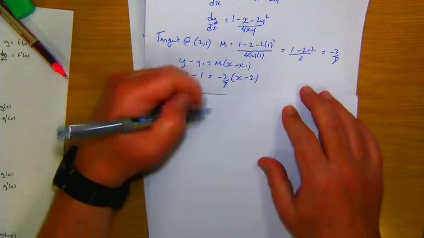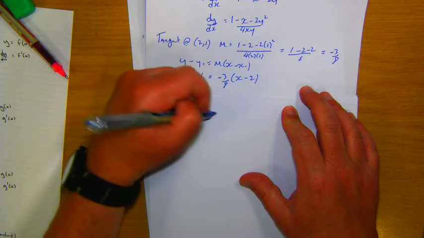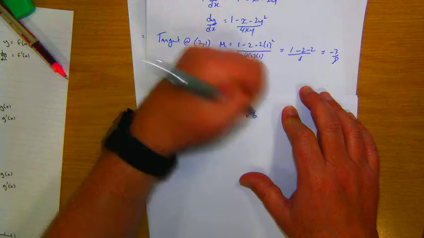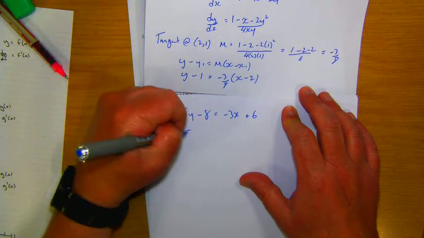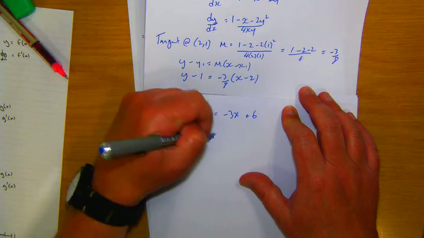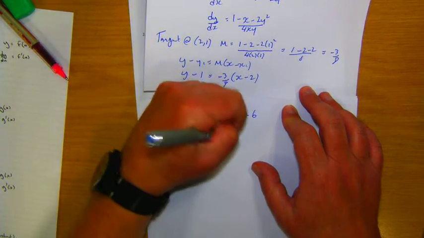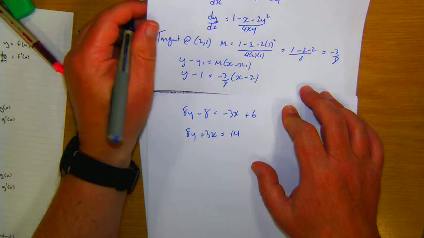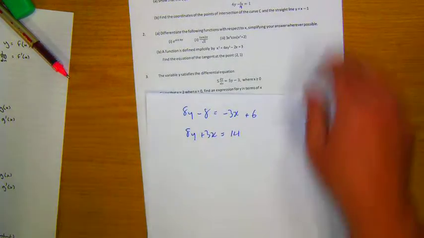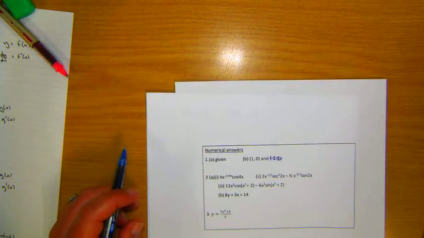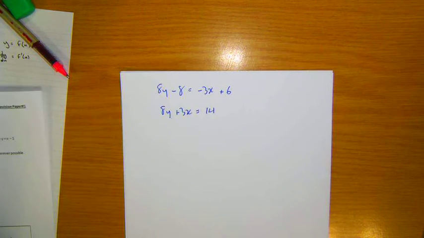So that will give me 8y minus 8 equals minus 3x, multiplying that out, plus 6. So 8y plus 3x equals, bring that over, positive, 8y plus 3x equals 14. What have I got for this one? Oh, look at that. 8y plus 3x equals 14. Hurrah. So that's question 2.